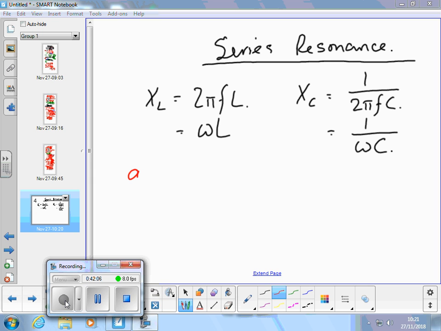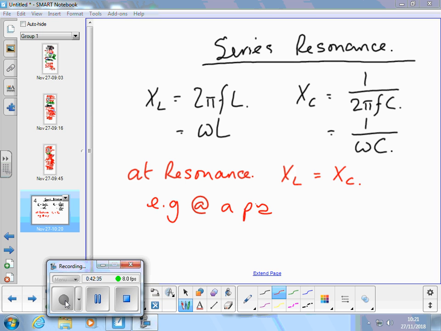At resonance, XL is equal to XC. So at a particular frequency, we'll call it FR, F resonance.